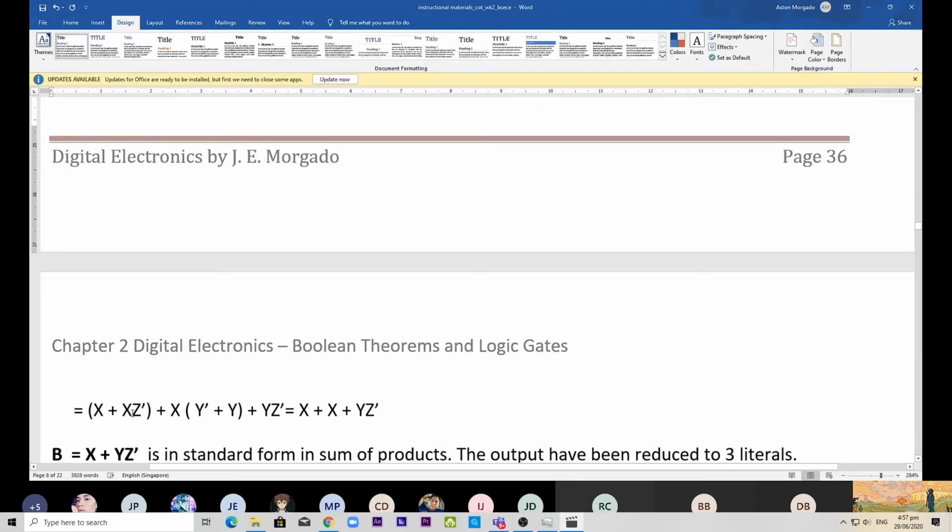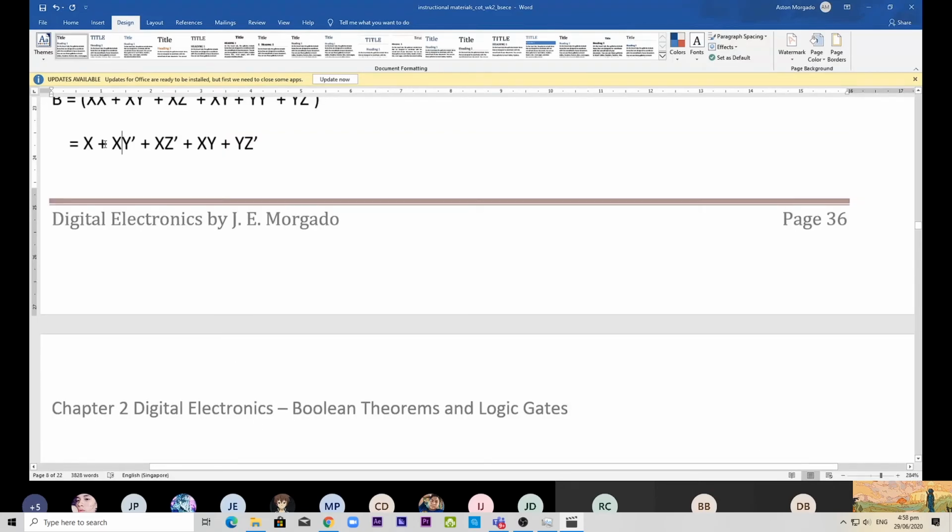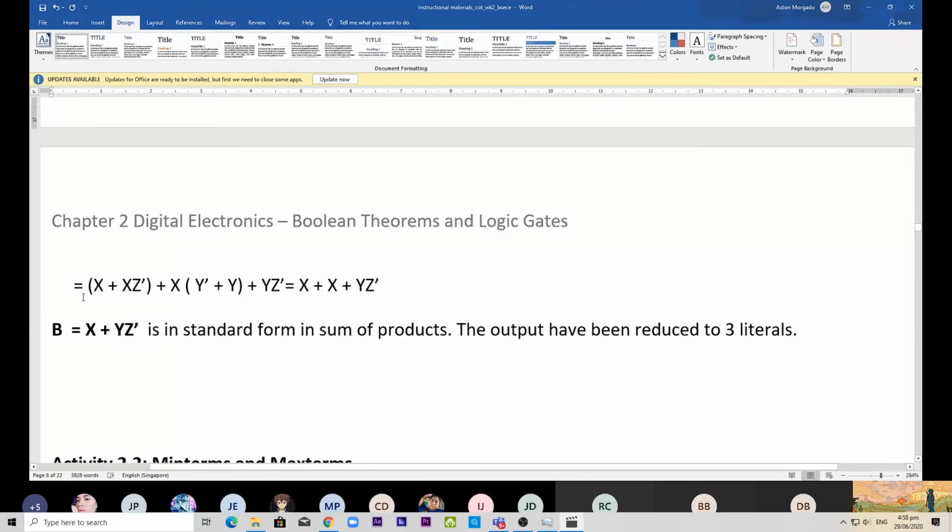We group the x and xz prime, then another group xy prime and xy, then copy yz prime.